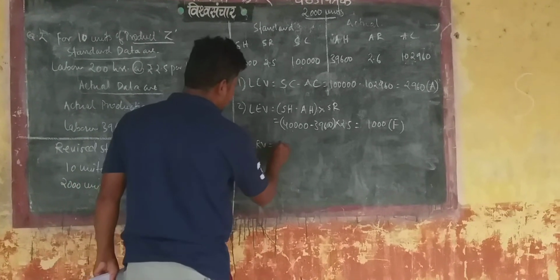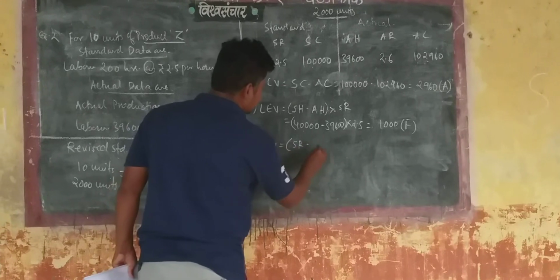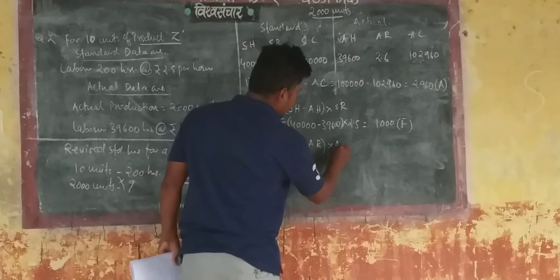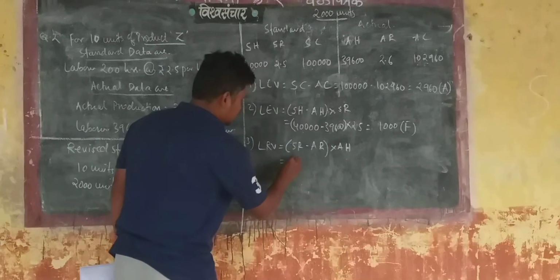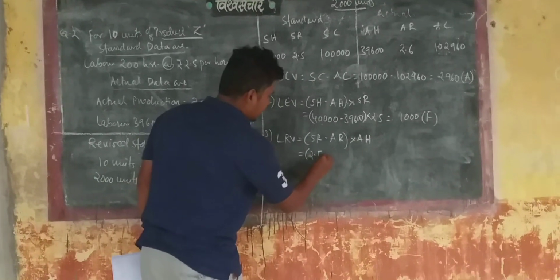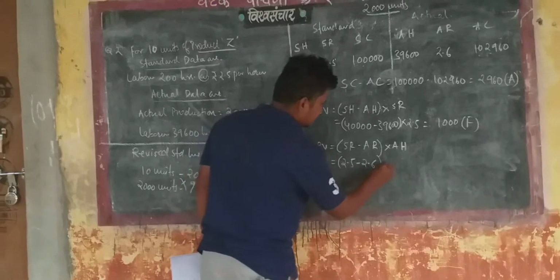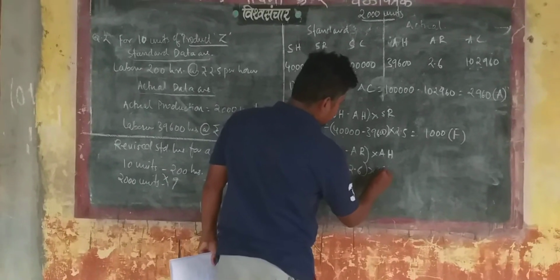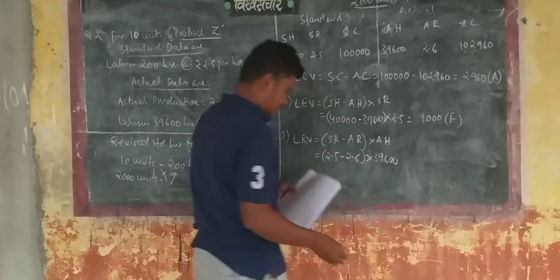Third variance is labor rate variance. The formula is the difference of rate, standard rate minus actual rate, into actual hours. Standard rate is 2.5, actual rate is 2.6, into actual hours 39,600.